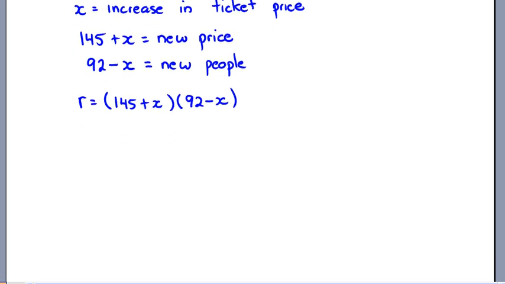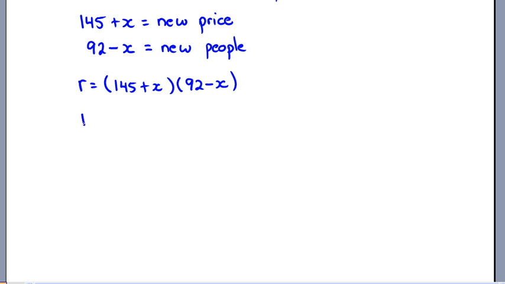I don't really want to do the product rule right now. So I'm going to go and just FOIL this all out. And I end up with 13,340 plus 92X minus 145X minus X squared.